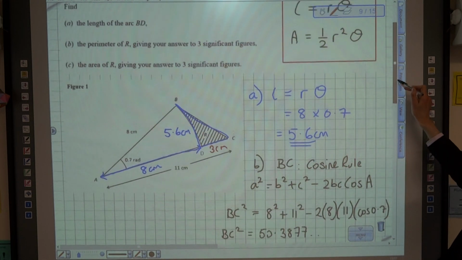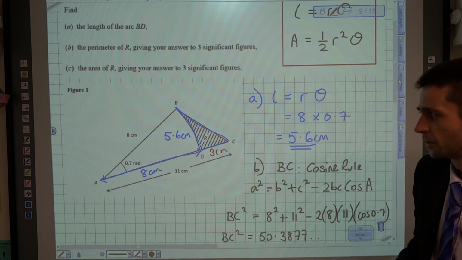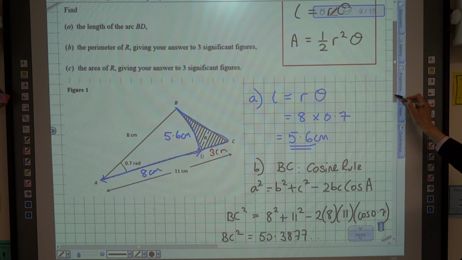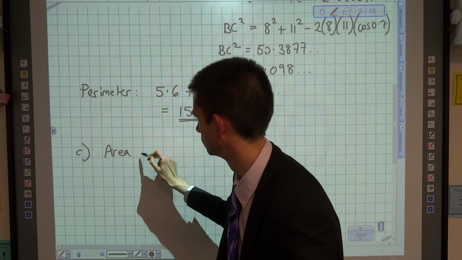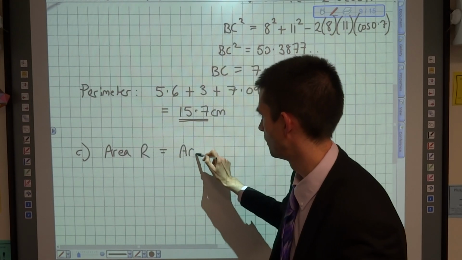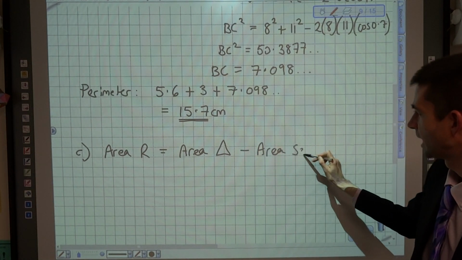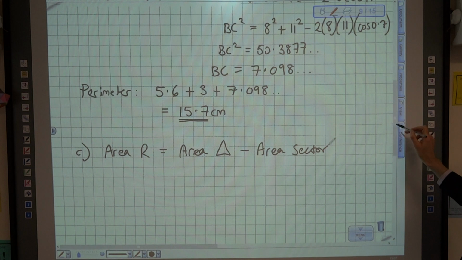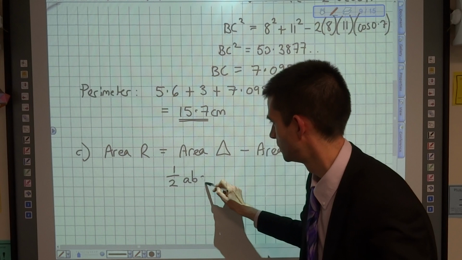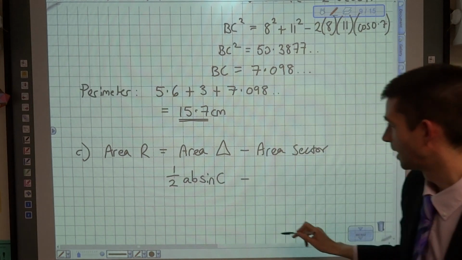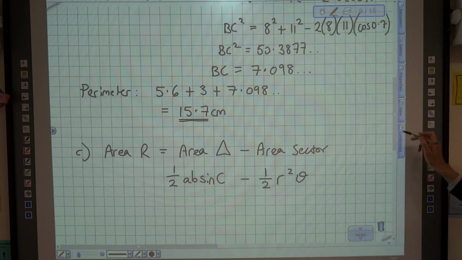One last bit there, we're being asked for the area of R, again giving our answer to three significant figures. To calculate the area of R, it's going to be the area of the triangle minus the area of the sector. To work out the area of the triangle, I'm going to use the formula half ab sine C. And to work out the area of the sector, I'm going to use the formula half r squared theta.